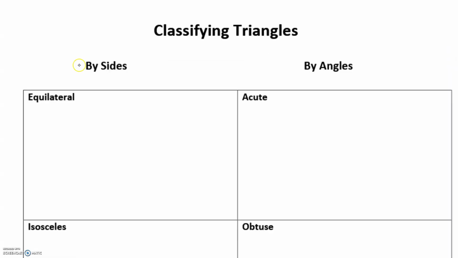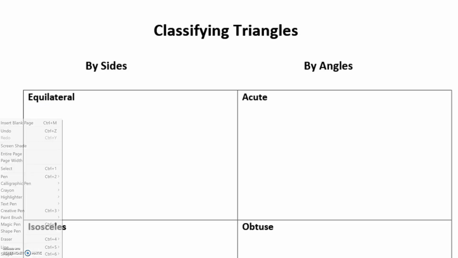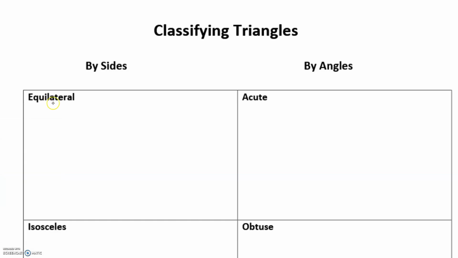All right, we're going to start with the sides. The first kind of triangle that we want to talk about is an equilateral triangle. You might see the little word equal inside there, and you might see the word lateral in there.